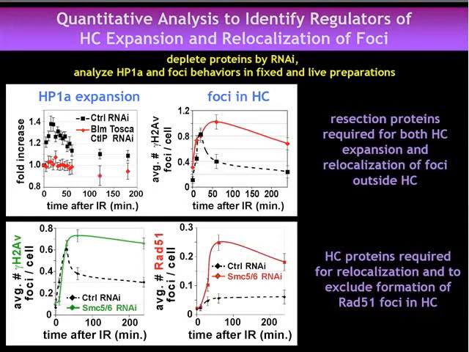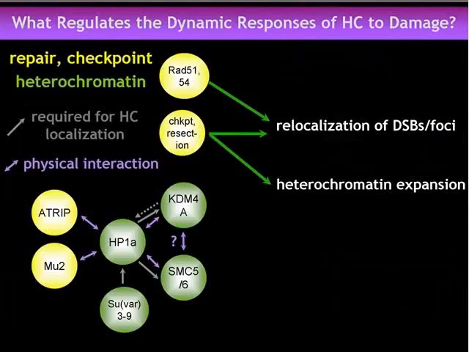Okay, and so just a summary of the analysis of regulation. What we've shown is that 2 proteins involved in late homologous recombination, RAD51 and RAD54, are in fact required for relocalization. And this suggests that there in fact may be a tethering event where foci that do relocalize outside the heterochromatin domain get attached, for example, to something that's located on the nuclear membrane, and that tethers them outside the heterochromatin domain.